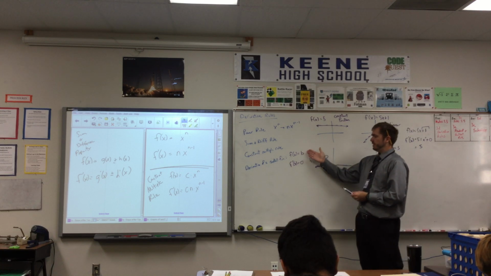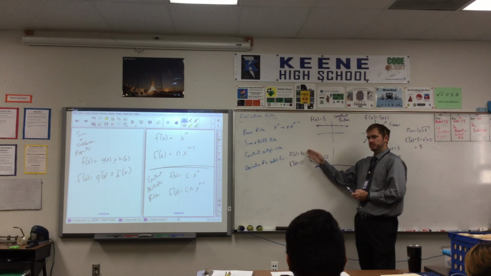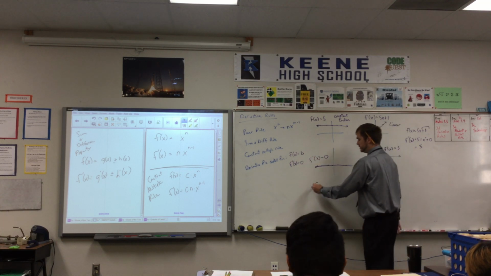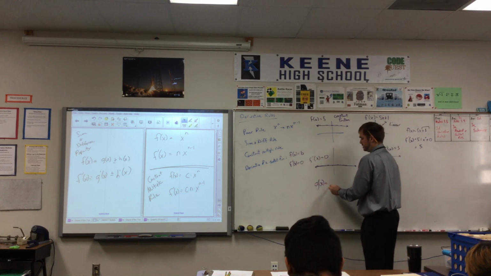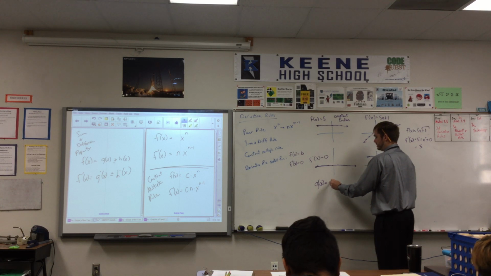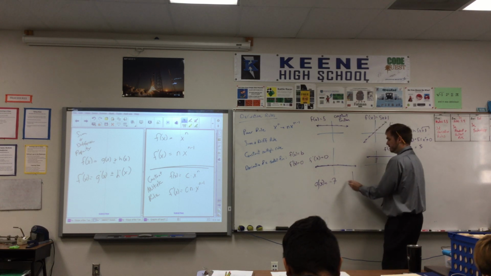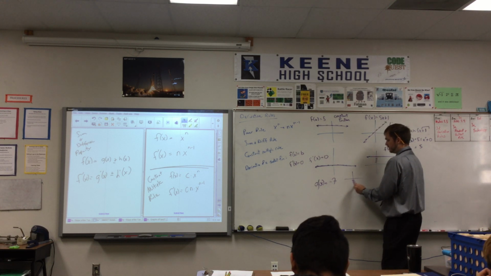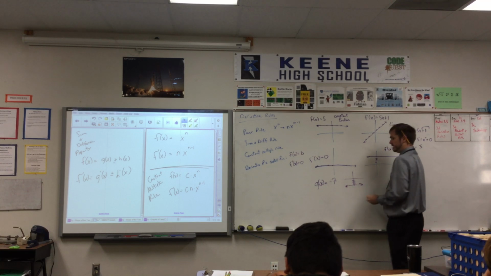So if you don't have any x terms, you're just looking at a number. You're looking at a constant, and the derivative is 0. So if I told you that g of x was equal to negative 7, that's this graph right here.